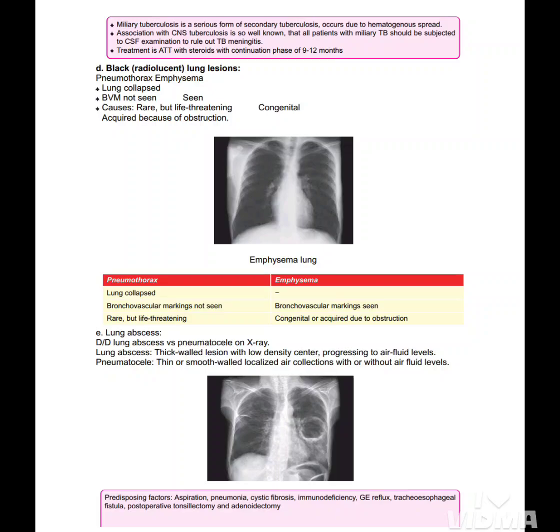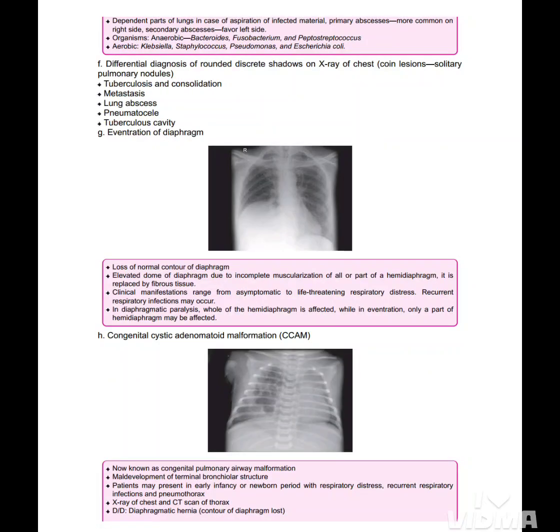Clear liquid can show a blackish shadow, and pus and other liquids can show a whitish shadow. For a whitish shadow, we use the word radio-opacity, and for a blackish shadow, we use the word radiolucency.